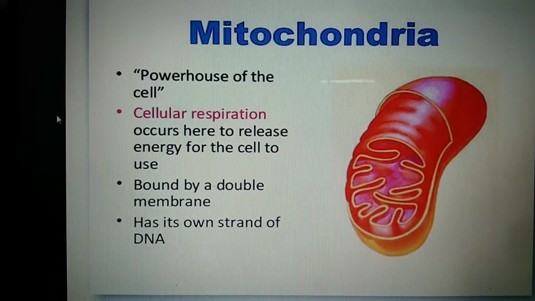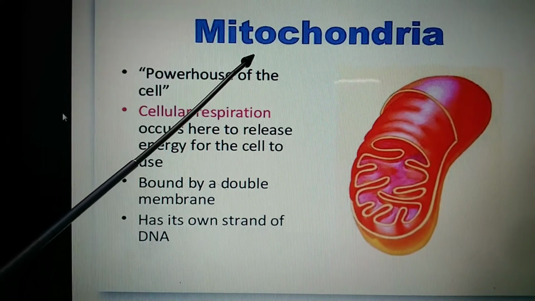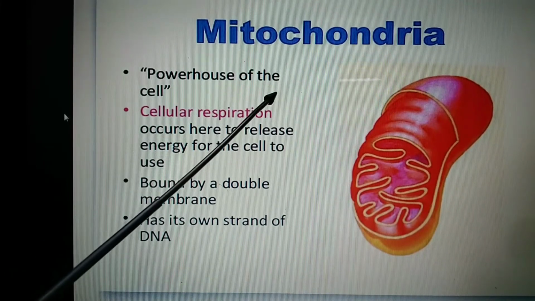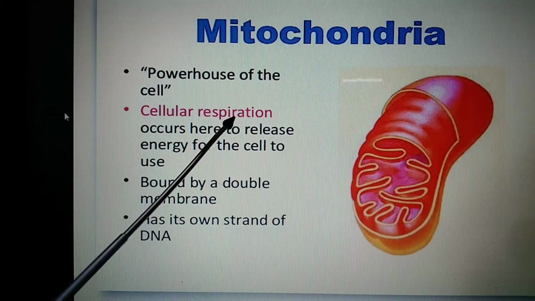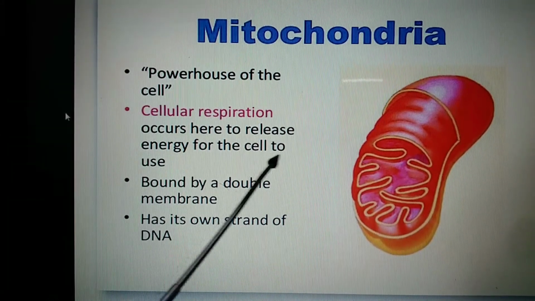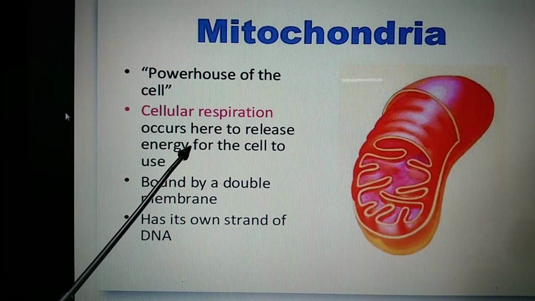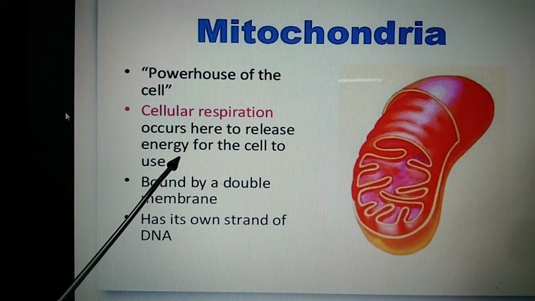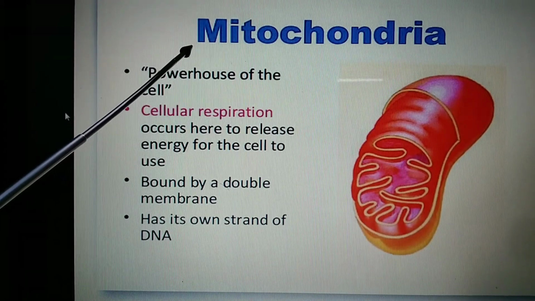Now coming to the main powerhouse of the cell, that is the mitochondria. Mitochondria is called the powerhouse of the cell because it carries out cellular respiration to release the energy for the cell to use. That means whenever the cell is going to perform any function or process, the energy requirement is fulfilled with the help of the cell organelle called mitochondria.